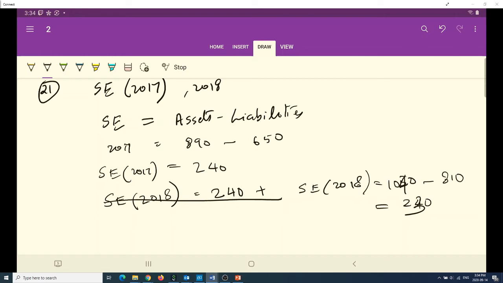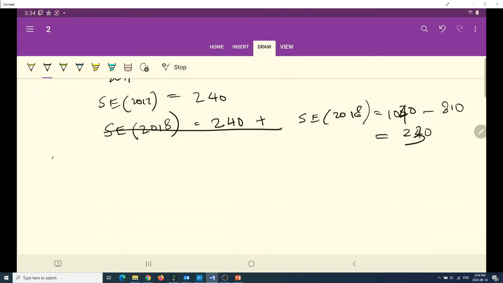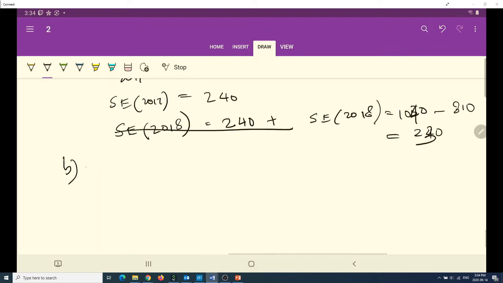Okay, so question number B now, 21B. What is the net working capital in 2017 and 18? So what is net working capital again?